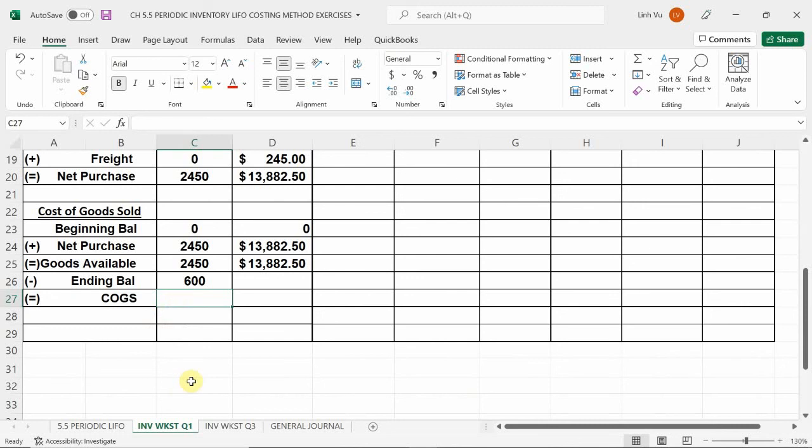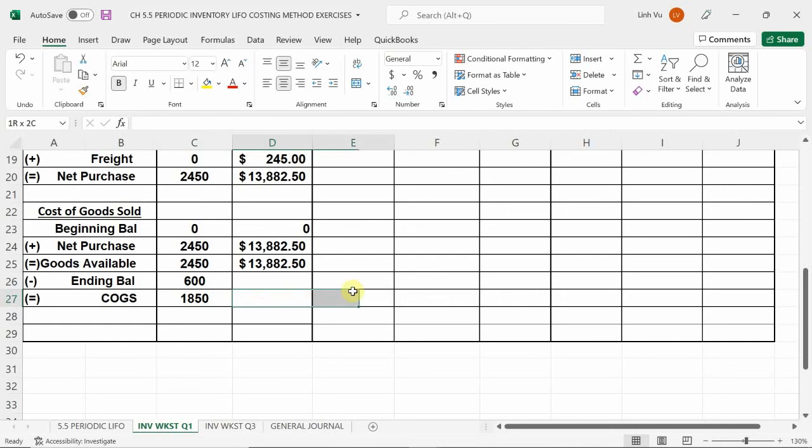Well, if I started out with a quantity of 2,450 and I now have 600 units left, I simply subtract, and that's going to tell me that I must have sold a total of 1,850 units, right?